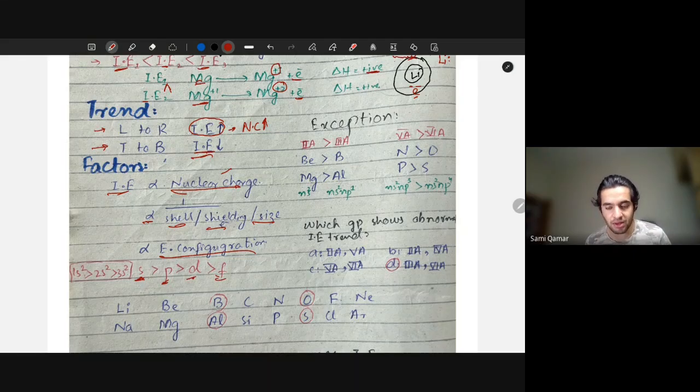The same thing is here, because the orbitals get bigger and the nuclear hold decreases. Remember this, S is very near to our nucleus. We have done this in atomic structure. Then P starts from 2, 2P, because we have 1S and 2S before that, so it has a somewhat bigger size. Then D has less nuclear hold because D starts from 3D.